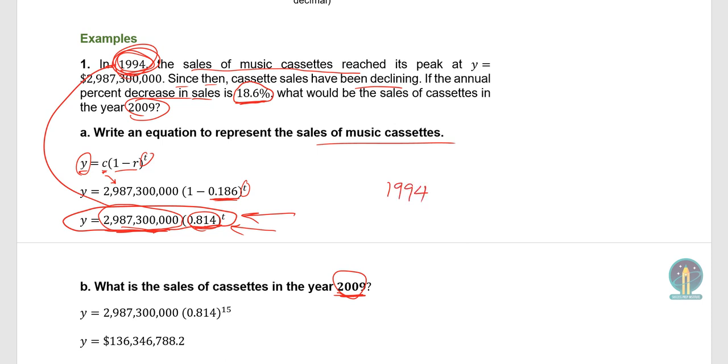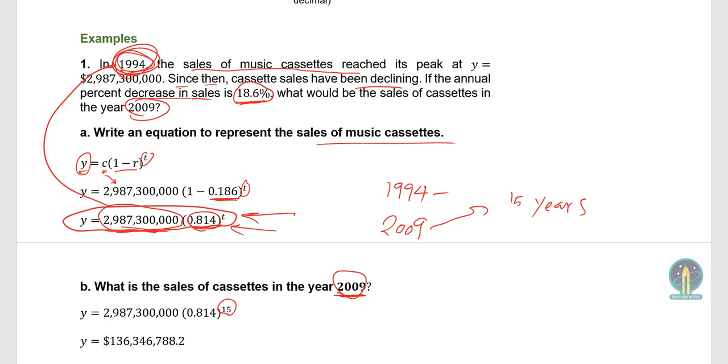That's the starting time, when you start counting the years. We need the sales in 2009, so we need the difference between these two dates. 2009 minus 1994 is 15 years. So our t is 15 years.